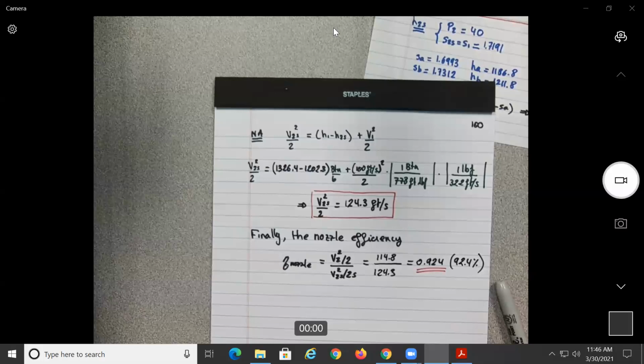on the derivation we had that the change in entropy was equal to Cp dT minus R log P2 over P1. And I'm pretty sure that we have done it.